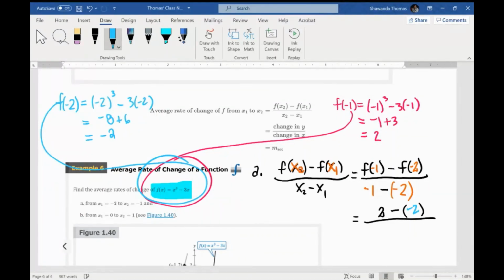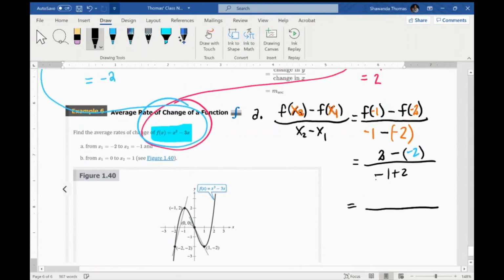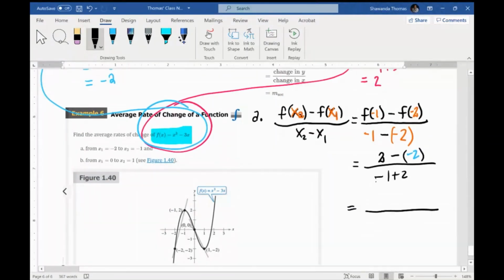All right, 2 minus -2, and then at the bottom we have -1 minus -2. So that changes to -1 plus 2. What's 2 minus a -2? 4.